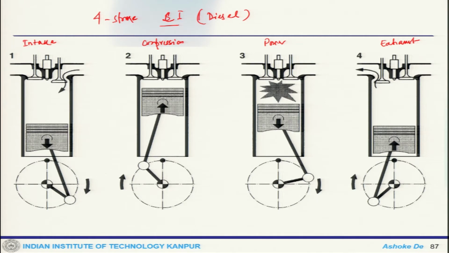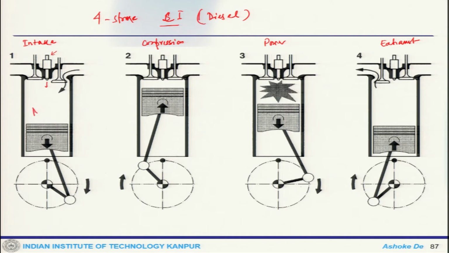This is the operating cycle. This is the piston head connected with the crankshaft, and here you have the fuel injector, intake valve, exhaust valve, and all these. The operating principle is pretty much similar to your 4 stroke SI engine, but here the fuel is injected from here and fresh air comes in.